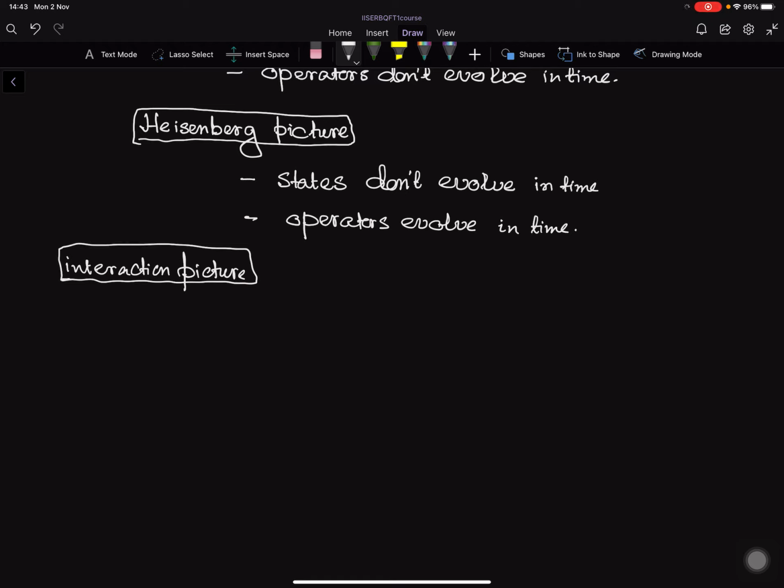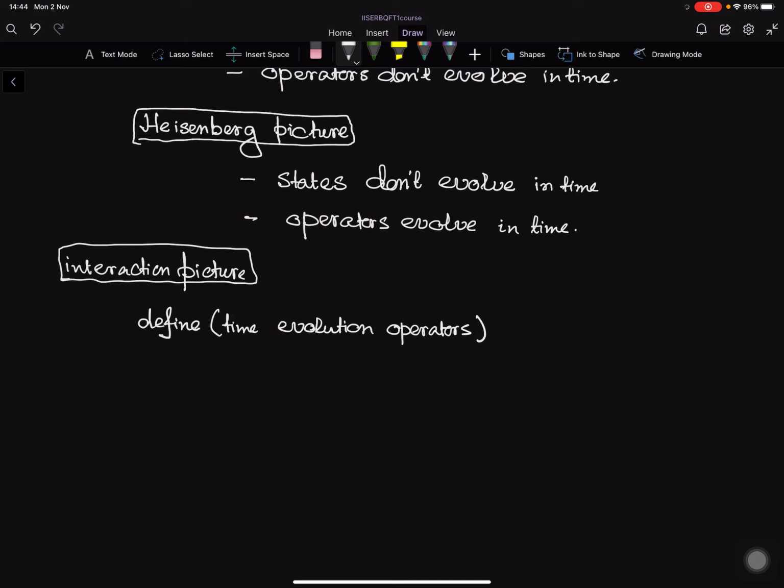So in order to do the interaction picture, let's first define the time evolution operator. What does it mean?